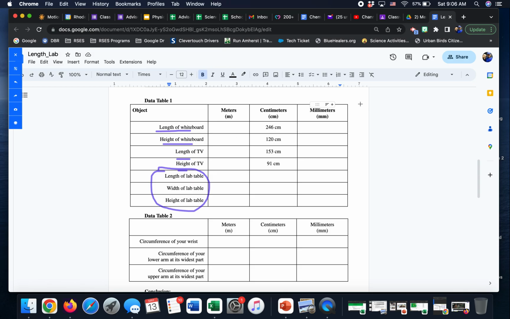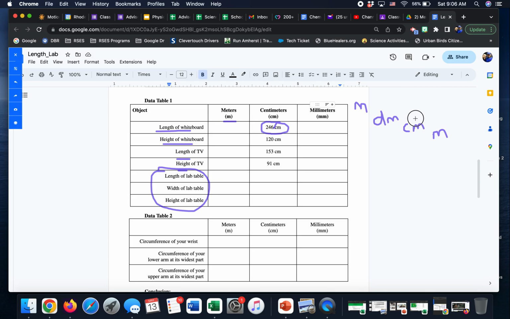So I'm going to set up my short version of the metric table, but you can open up the real version if you want. We have meters, we have decimeters, centimeters, and millimeters. So remember, we could do this first one together. We're given the length of the whiteboard in this room was 246 centimeters. Well, we got to convert that to meters.